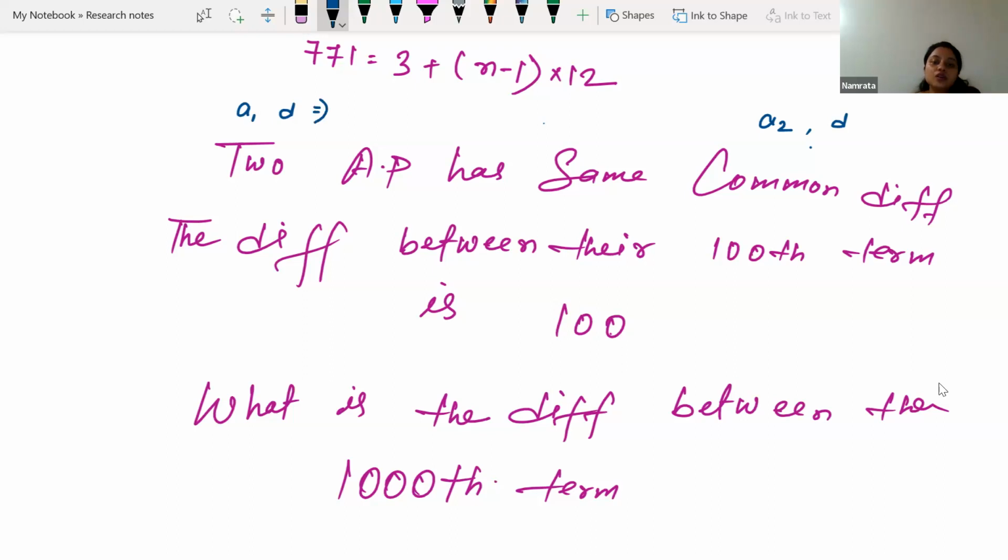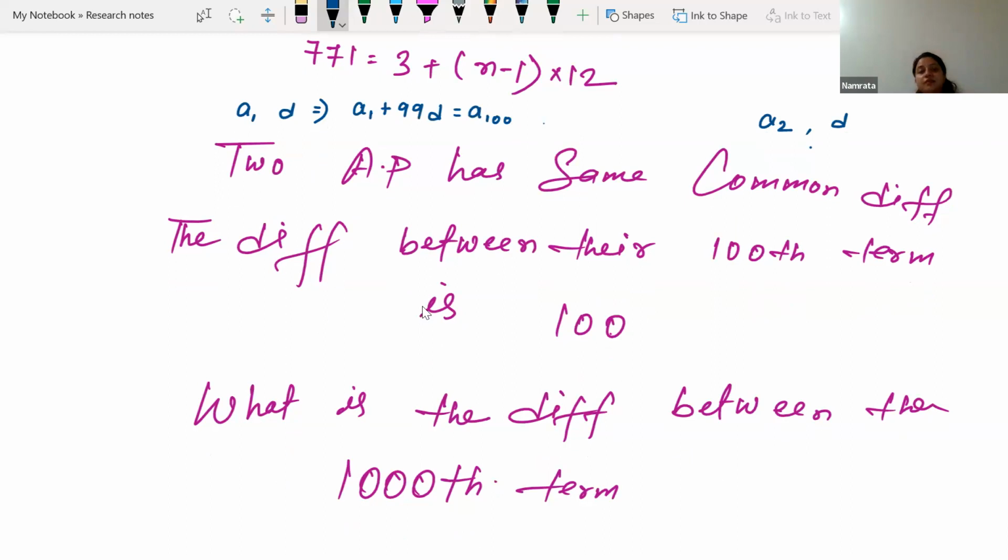So the 100th term for this AP will be A1 plus 100 minus 1, that is 99D. This is the 100th term, right?